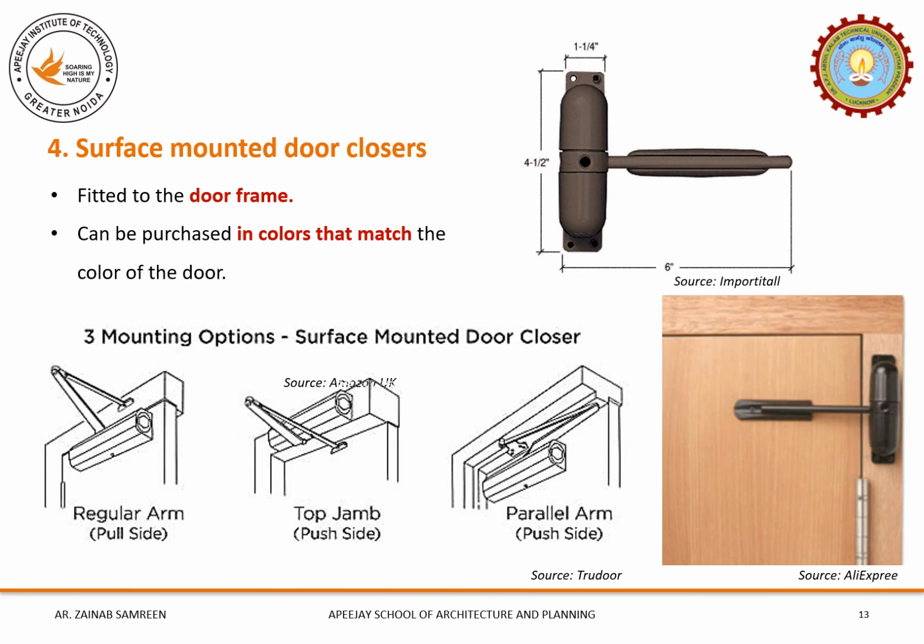Typically, they are fairly small in size and they can be purchased in various colors. You can match the color of your door, and they are a very cost effective option for automatically closing doors. As we have seen in the overhead type of door closures that there were three options: regular arm, top jamb or parallel arm. The same way we have options here as well.